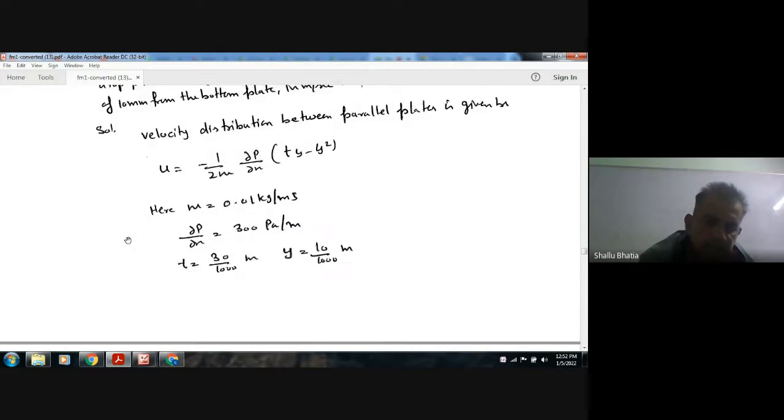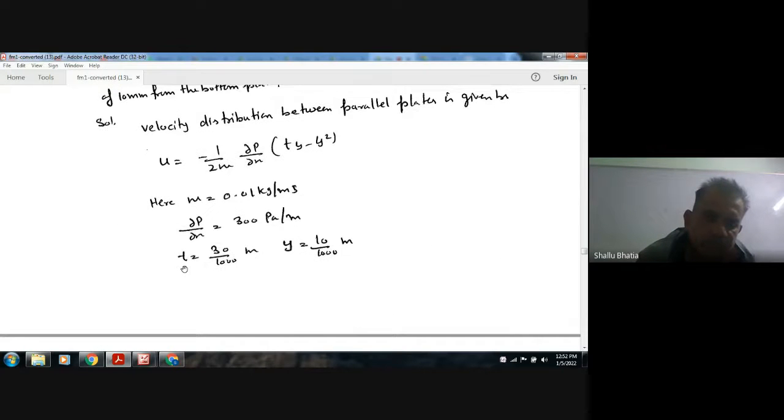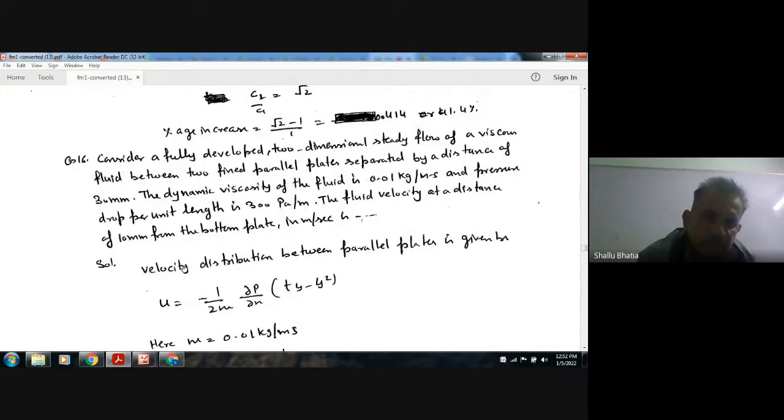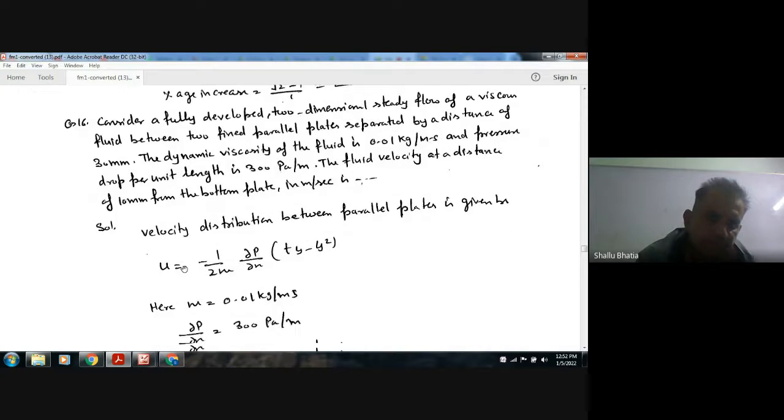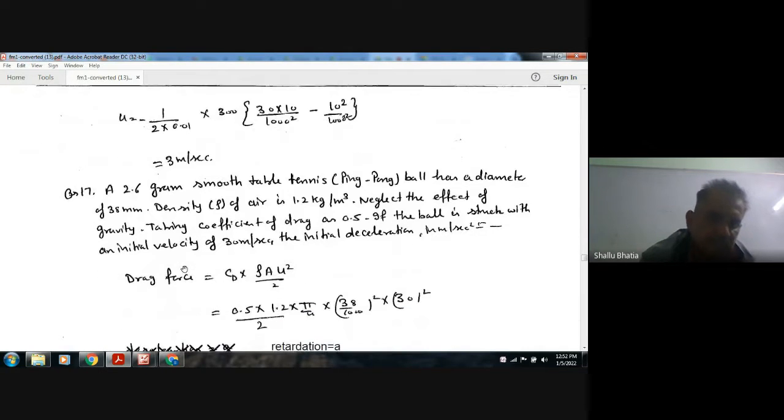So putting these values, you can find out the velocity, that is 3 meters per second. We have all the quantities: mu 0.01, dp by dx 300, t 30 mm, y 10 mm. So putting these values in that velocity formula, we get the answer.